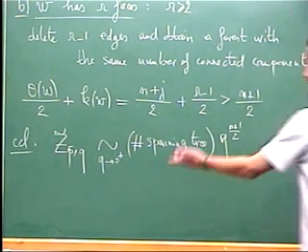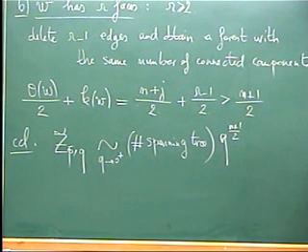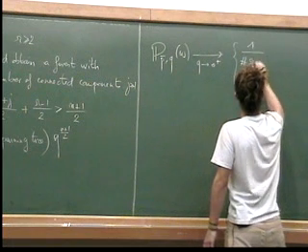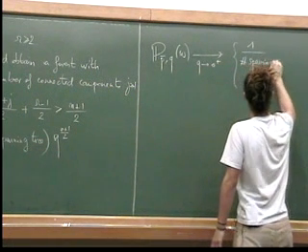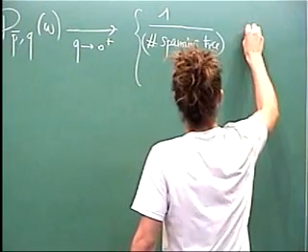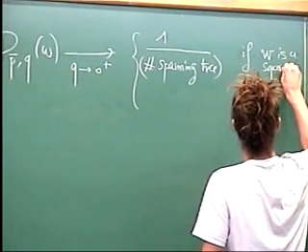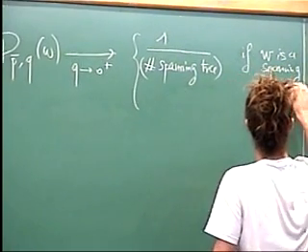So now we can get the limit of p for a configuration omega. And we get directly that this quantity, as q tends to 0 plus, is 1 over the cardinality of all spanning trees, if omega is a spanning tree, right?